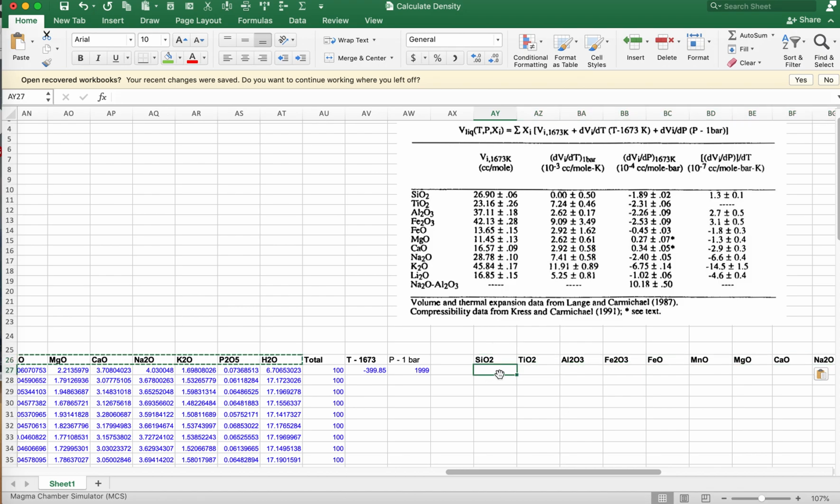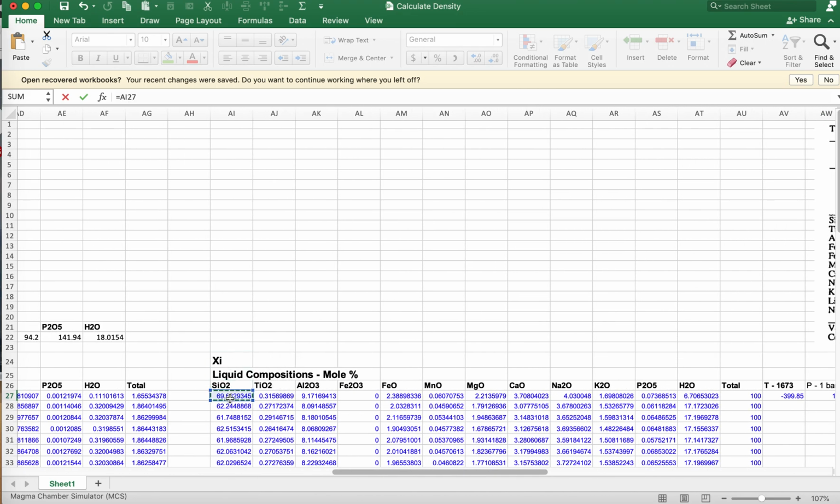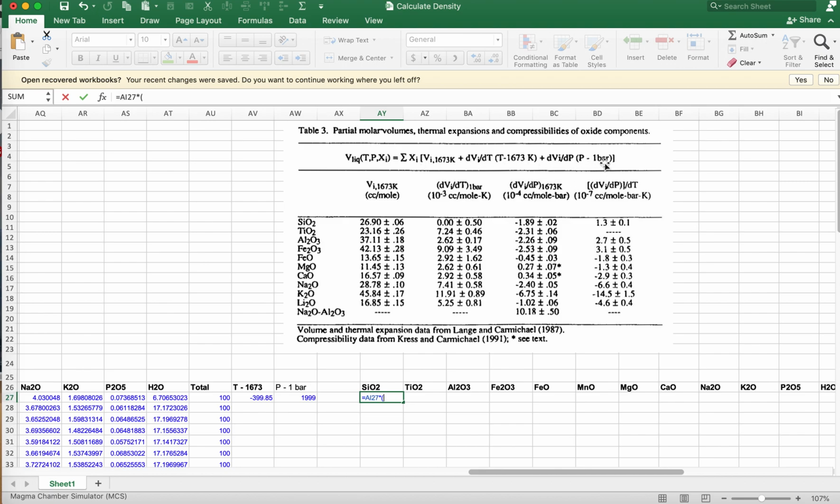So for the silica correction, let's look at how that would work. For the case of silica, we have x sub I is silica. So we'll take the mole percent, and we're going to multiply it by a sum. Notice those square brackets. I've entered brackets to represent that first square bracket there. We have V sub I 1673, so that's 26.9.